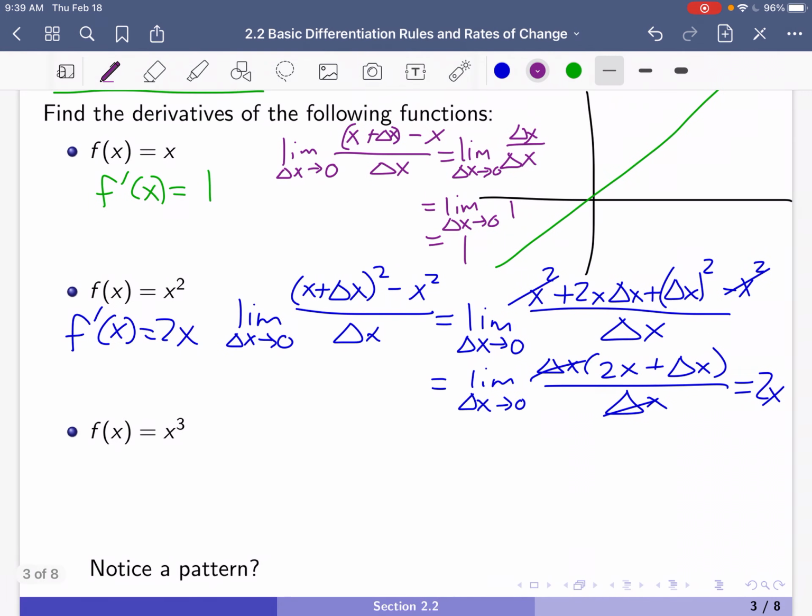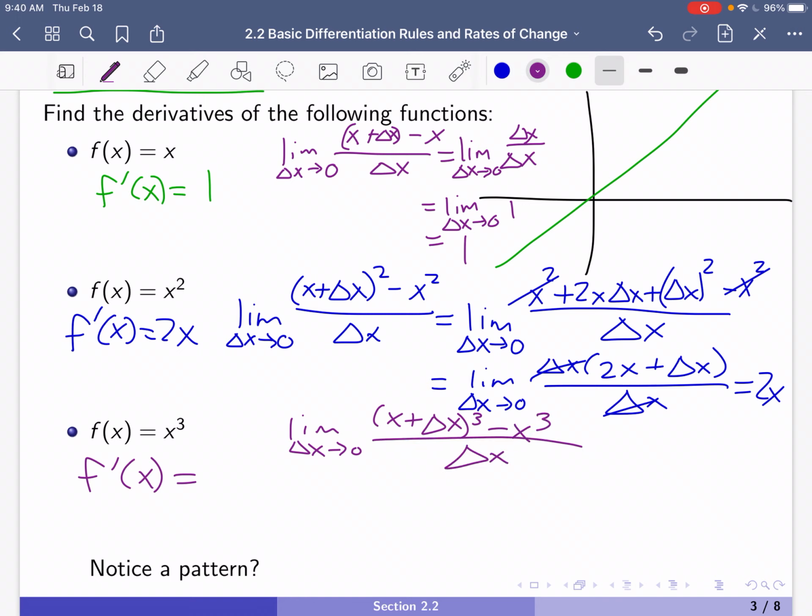If we were to find our derivative of x cubed, f prime of x, we can go through that limit definition. That limit definition would be a limit as delta x approaches 0, x plus delta x cubed minus x cubed all over delta x.